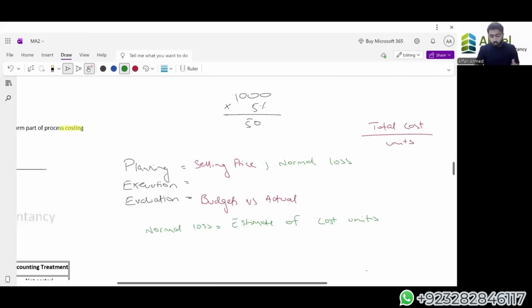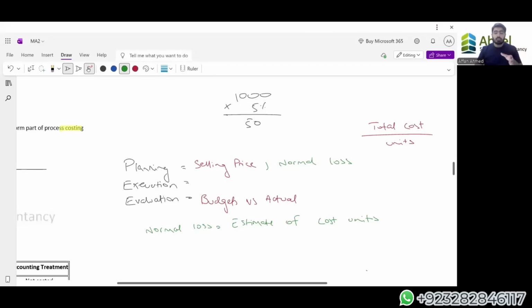Why do we go for this in the planning phase? That is the question. The specific reason for identifying normal loss in the planning phase of the particular process is so that we can recover the loss that is happening within us. In the organization, if there is a loss and we can anticipate and estimate that, won't we recover it? Yes, we would. Obviously, we would.